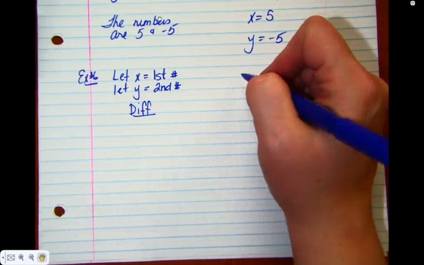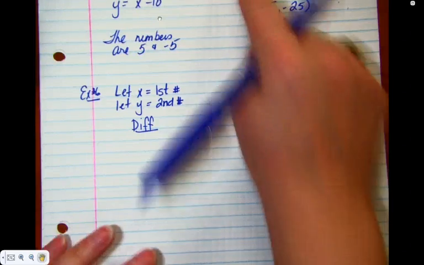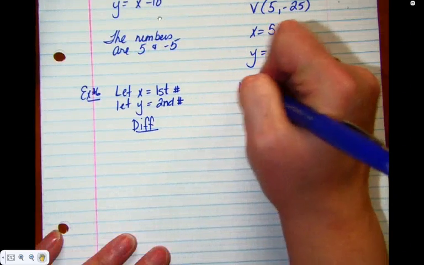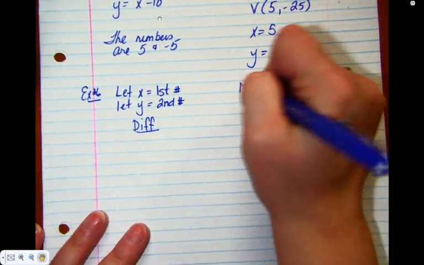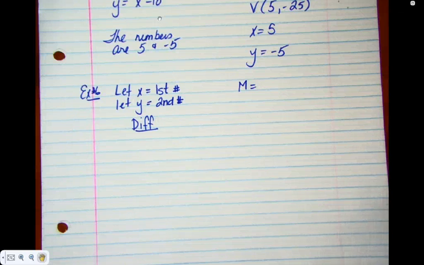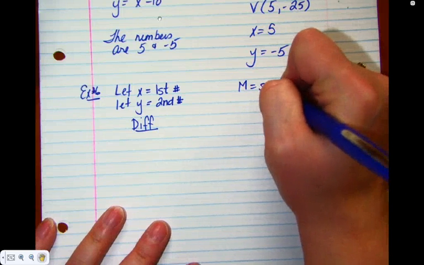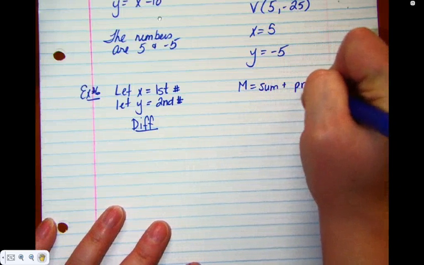Okay, so we need to make it equal to something, and I only chose P up here because it's product. If you're not sure, use M for max or min. Don't get too caught up in the variable, but just have it equal to something. So M for max or min. Okay, how do we do adding their sum and their product? So that would be sum plus product.